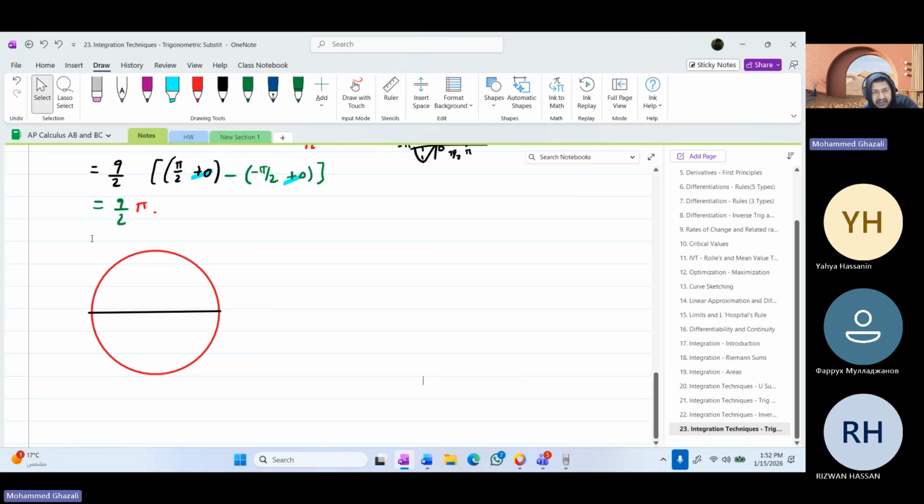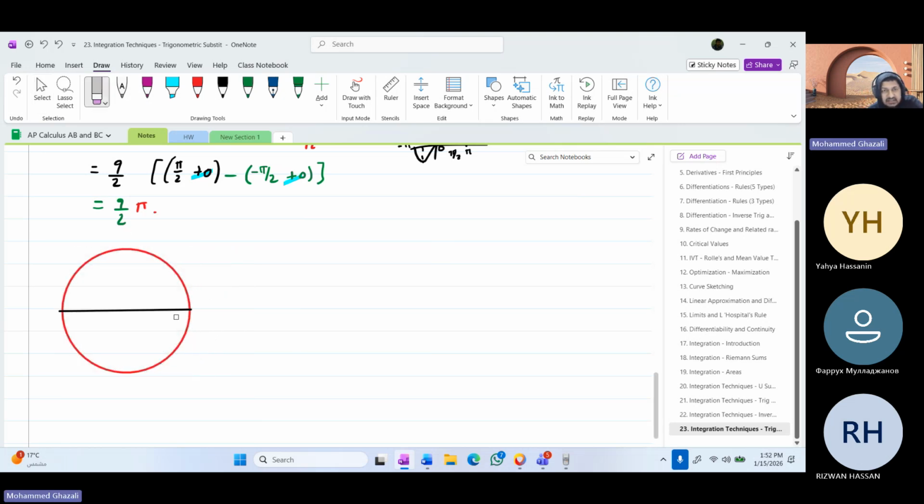If you cut the semicircle like this, or at a central angle, or in sectors like this, we can find the area of the sector.